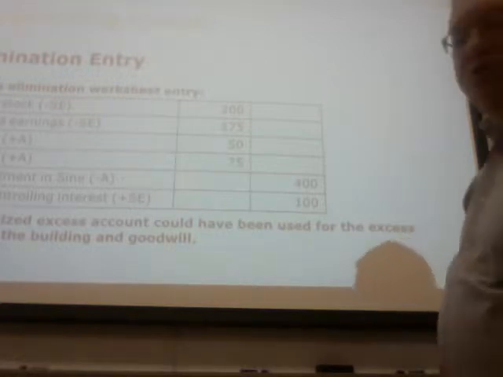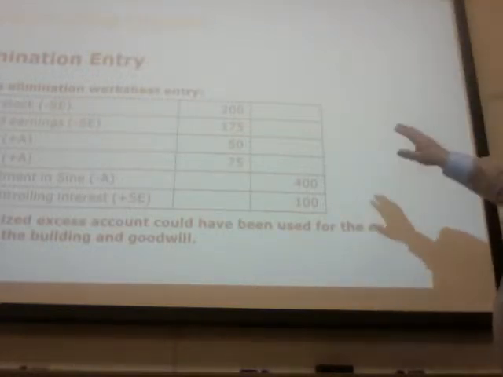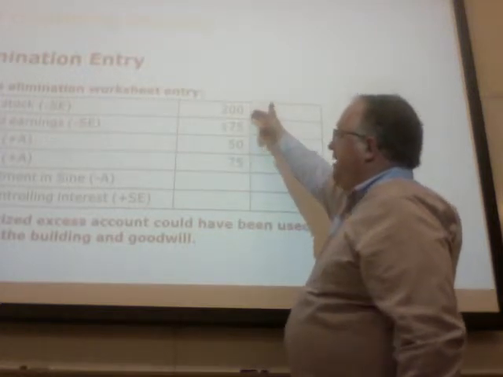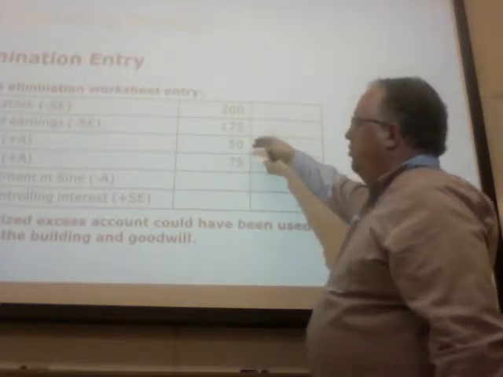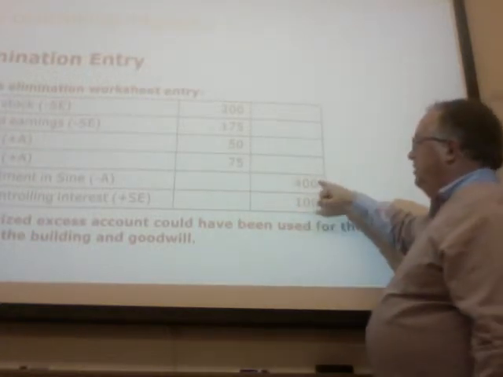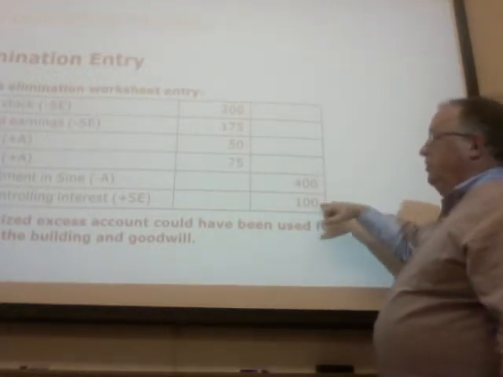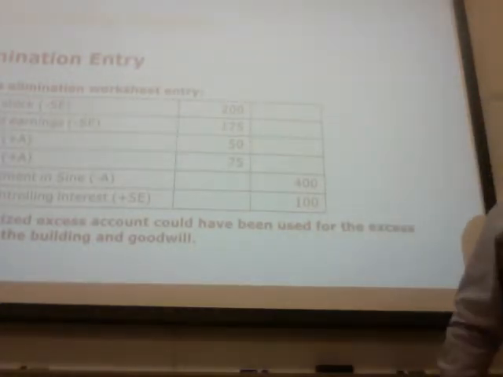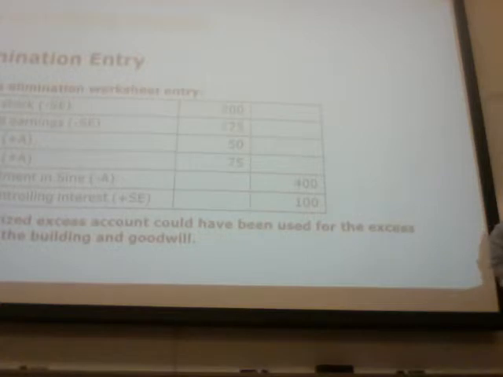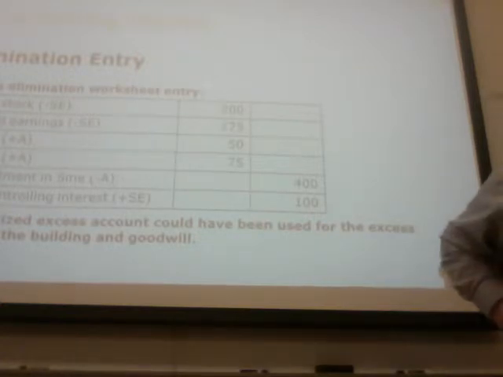There's our elimination entry. Here's the capital stock of Sign. The retained earnings of Sign go away. There we book up the building and the goodwill. Our investment in Sign was 400, and you can see that our other adjustment entry is to establish our non-controlling interest, to recognize a non-controlling interest in our financial statements.